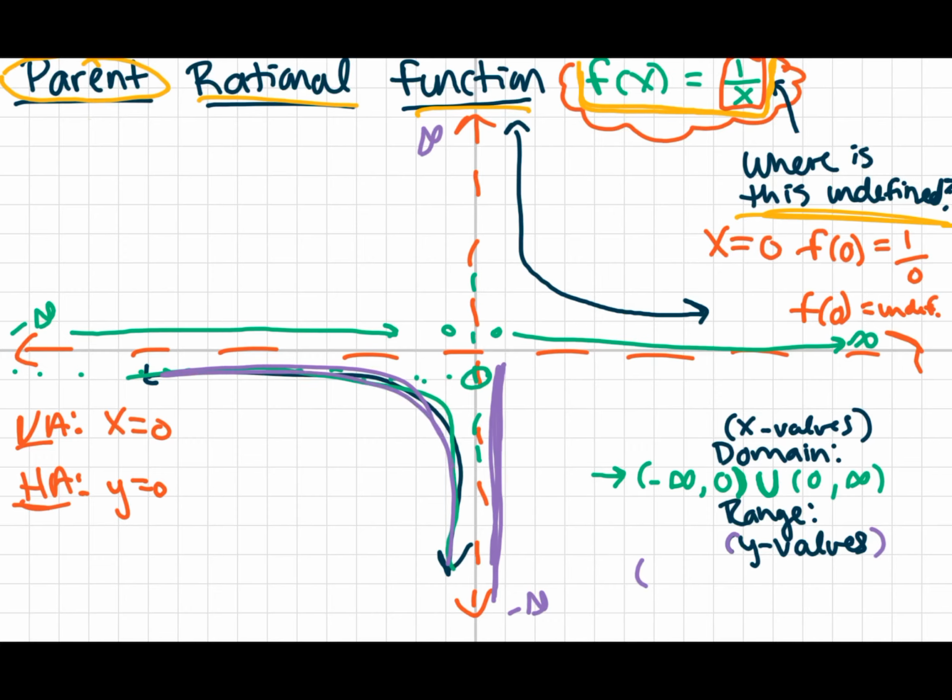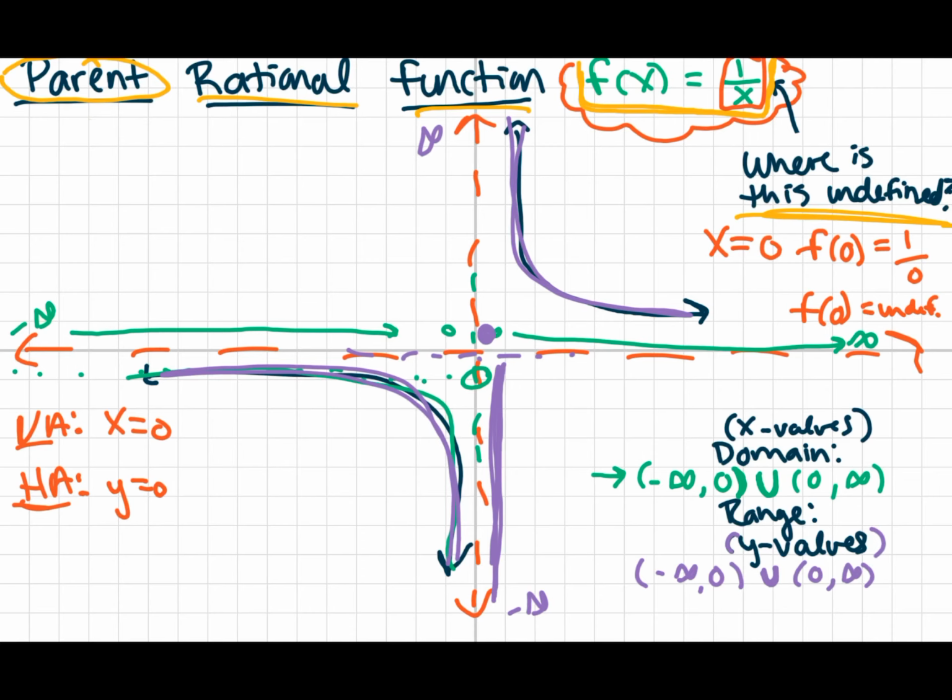Because we've got something right here. So we've got negative infinity to 0 again, but then something weird happens at 0. We jump over it because we've got this horizontal asymptote, and then we've got this function all on the positive side. So from negative infinity to 0, and then we've got this union, which means and 0 to infinity.